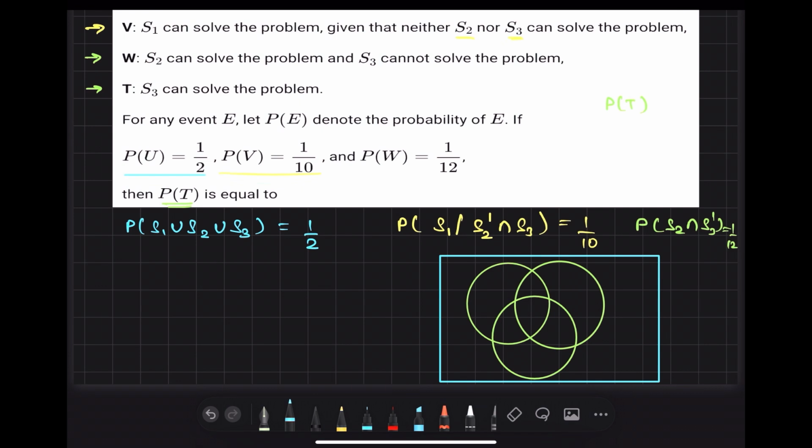Now suppose that this is S1, this is S2, this is S3. Now try to understand this part. You have to find out probability of S3. Okay. Look at this part. So what is this? S1 union S2 union S3 means this is talking about this case.